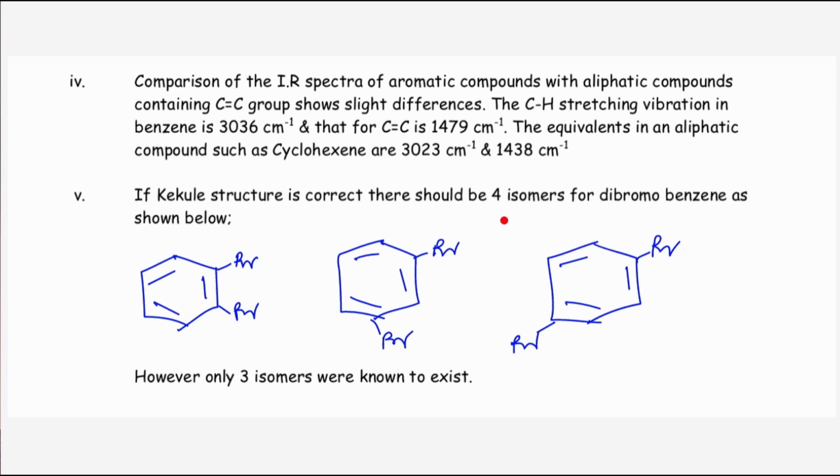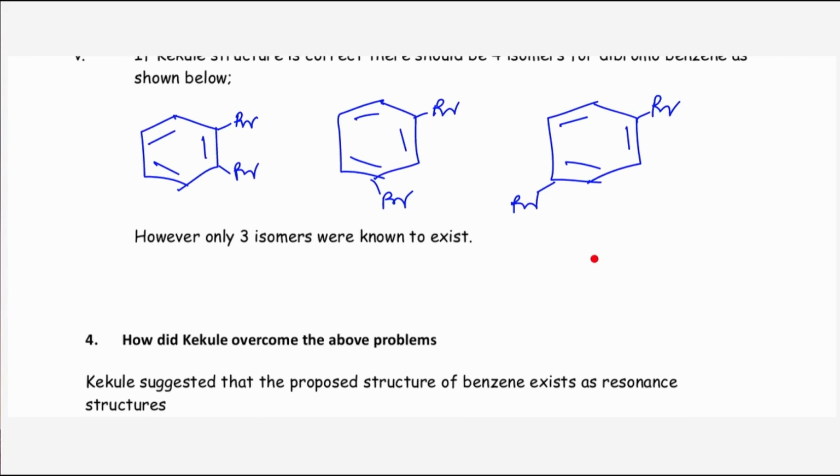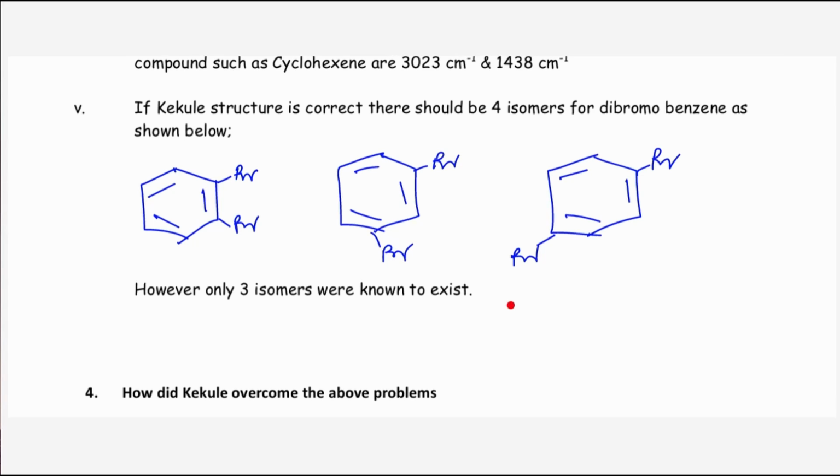So if the Kekulé structure is correct, it's actually 4 isomers. I have only drawn 3. The fourth one will be this. 1,2 I have drawn, 1,3 I have drawn, 1,4 I have drawn. I can draw another isomer like this, which is 1,2, but you can notice here the 2 bromines are across the carbon-carbon double bond.